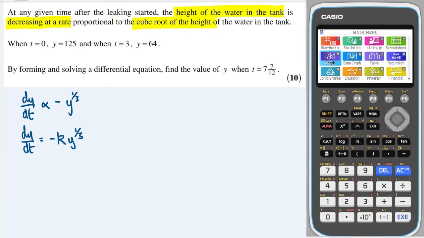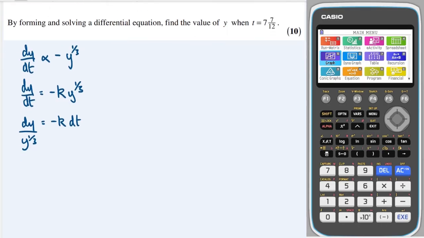And then we can multiply through by dt and divide through by y to the third, like this. And then finally we can write this as y to the minus third dy is equal to minus k dt, and then we can integrate both sides.